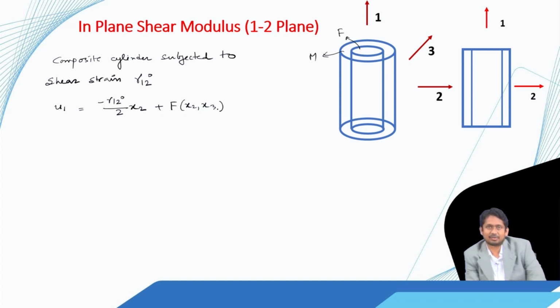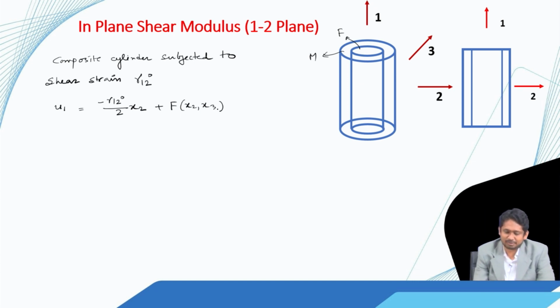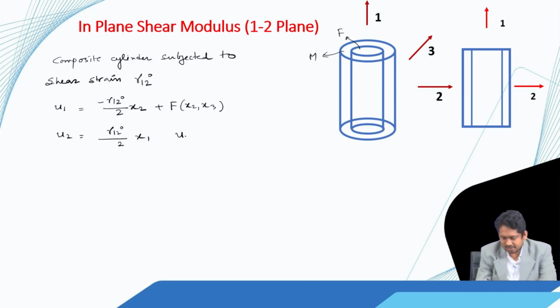Now, the rationale for getting this function can be found in the papers that we referred. Here we are just taking it as it is, and then we have u 2 is equal to gamma 12 0 by 2 into x 1, and then another assumption is u 3 is equal to 0.